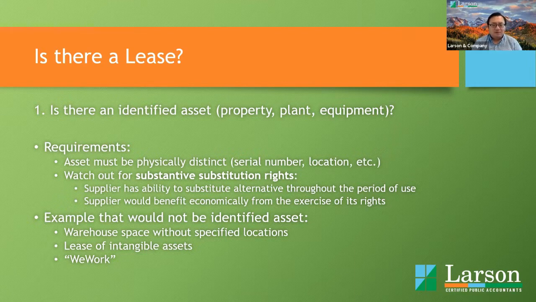Some of those fulfillment responsibilities, they're just providing a space, and they don't specify what rack you can utilize, so then those won't specifically be a lease here, and so other guidance will apply. WeWork is an example of those. You have the right to use their space, but you have the right to use multiple different spaces in different locations all throughout the nation, so that wouldn't be a lease either. We already talked about leases for intangible assets.